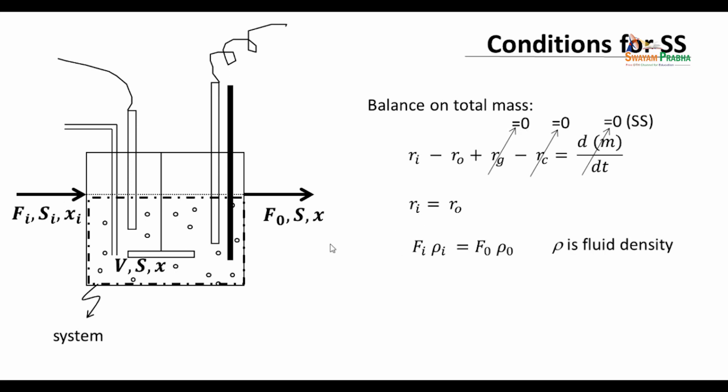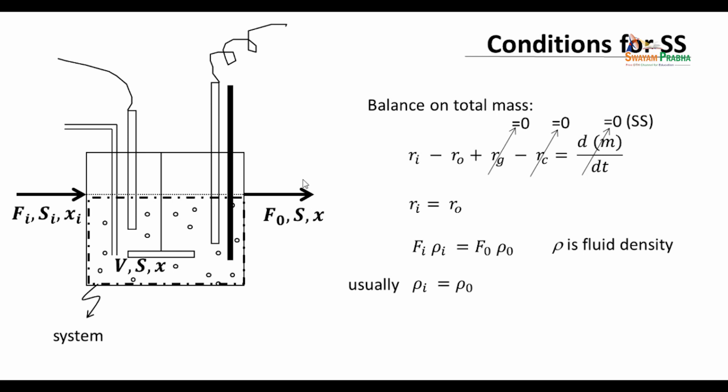What is rate of input in terms of our volumetric flow rate? A volumetric flow rate is volume per time. We are looking at mass per time here. Therefore, if we multiply the volumetric flow rate by the density, we would get our mass rate. Therefore, Fi times rho I, the density of the incoming stream, equals Fo times rho O, which is the feed rate and the density of the outgoing stream. Rho is the fluid density, as we mentioned. Usually, there is no difference in densities between this stream and this stream.